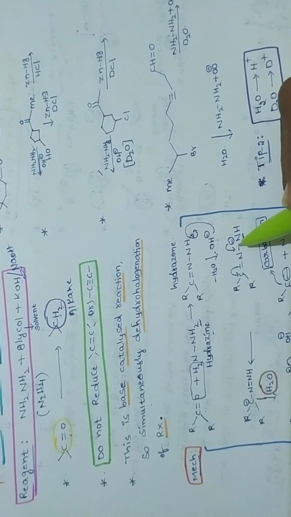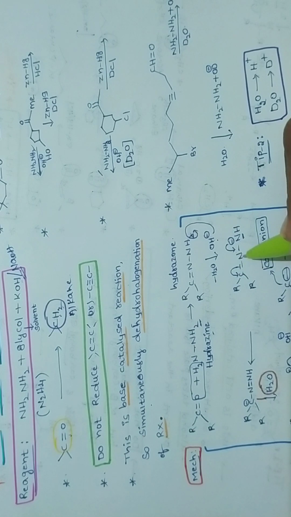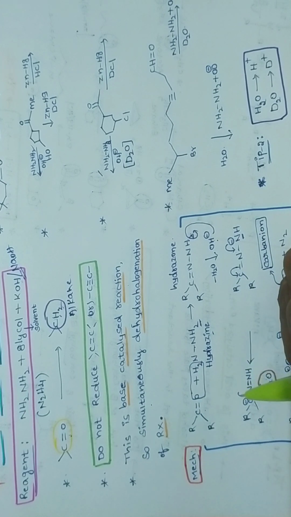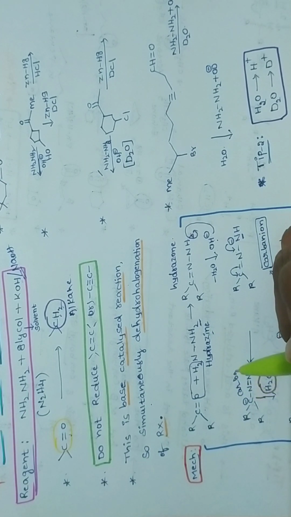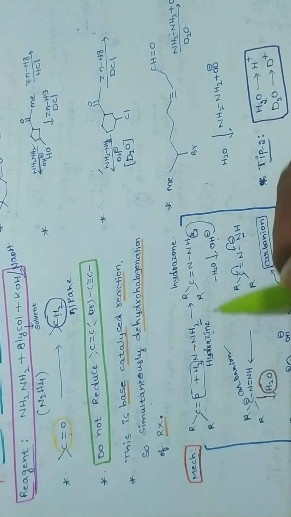Now this N minus has single bond, double bond resonance, and we get this resonating structure. These electrons shift to this side, then this nitrogen gets a positive charge. Immediately these electrons shift to this side, and now we get a carbanion, carbon with the negative charge.